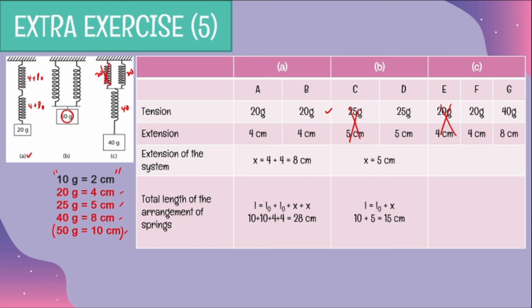Sebab bila cikgu nak tambah, cikgu tak boleh tambah semua. Okay. Alright. Atas bawah lah. Okay, yang atas extend by 4. Yang bawah extend by 8. So, altogether we have 32 cm. Okay. So, ini dia basic lah. Ini basic question untuk cerita yang arrangement of spring. Okay.